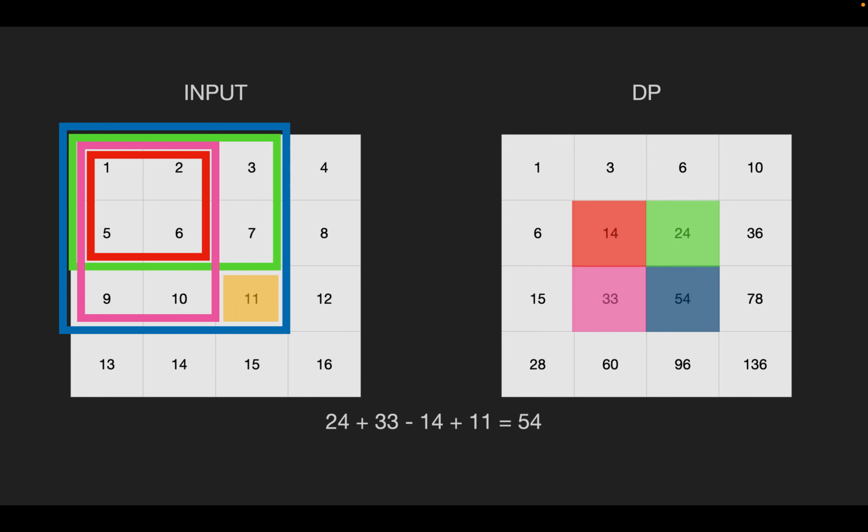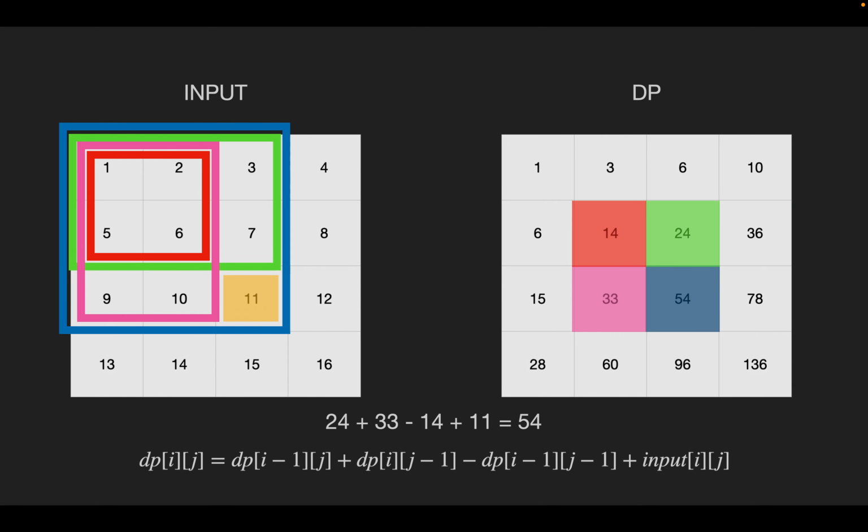Cool. So I found a way to get dpij as a function of earlier solutions. And that's the solution. And instead of having to sum up all of the elements in the blue rectangle, I can, in constant time, just add up a bunch of these other numbers. Add and subtract, right?